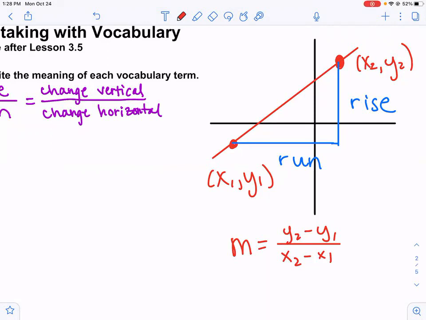It is important that if you take the y from this coordinate first, you also take the x from this coordinate first. It doesn't matter which one's x1, y1, and which one's x2, y2. I don't care which one's your first and your second coordinate, but these two better come from the same coordinate, and these two better come from the same coordinate. Are you with me? So let's go back to those problems, please.